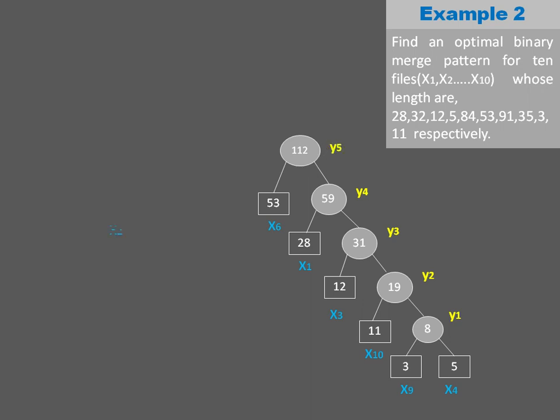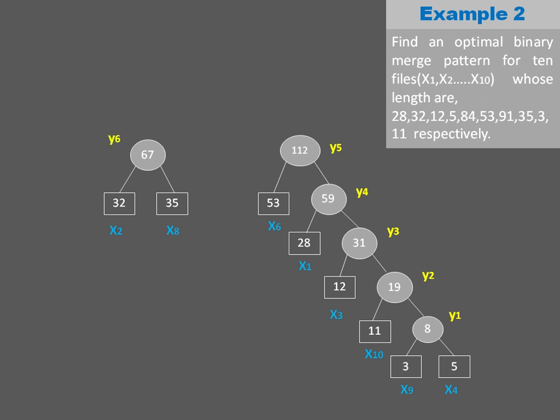After that, the x2 file contains a total of 32 records. Next, x8 is there; the x8 file contains 35 records. If we merge these two files together, we will get 67 records.